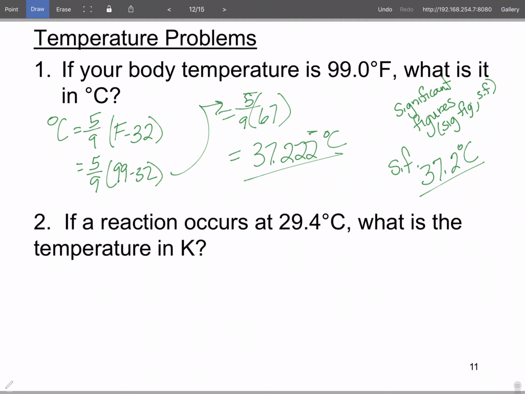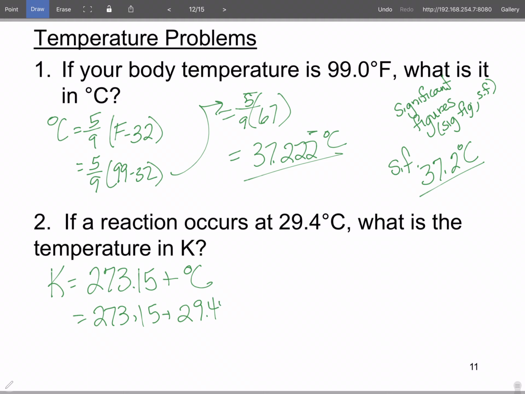So the second one says if a reaction occurs at 29.4 degrees C, what is it in K? Remember, Kelvin is 273.15 plus degrees C. So that would be 273.15 plus 29.4 degrees C, which means we get 302.55 K would be our answer.